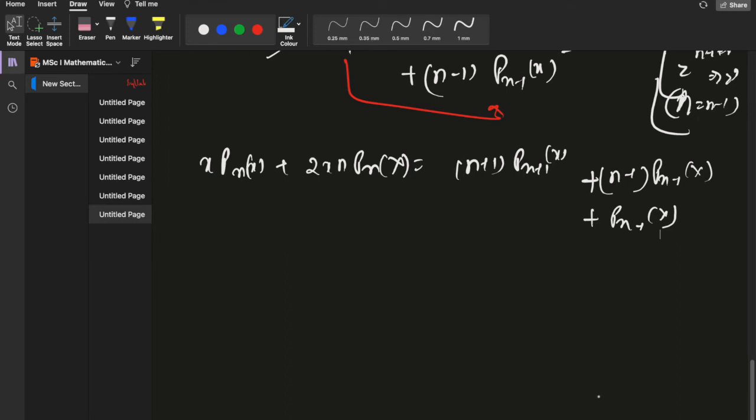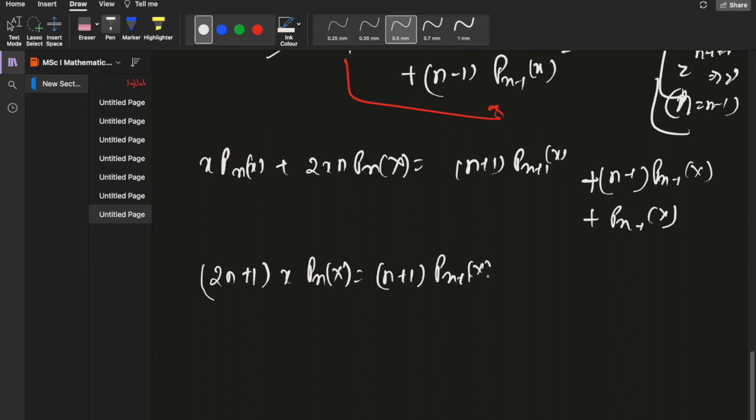Alright, if I simplify this, if I take x common from both terms, the result will be (2n plus 1) x P_n(x) is equal to, this will be the same, (n plus 1) P_(n+1)(x).